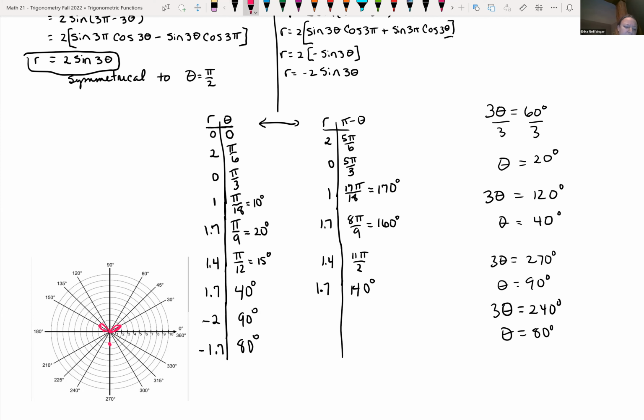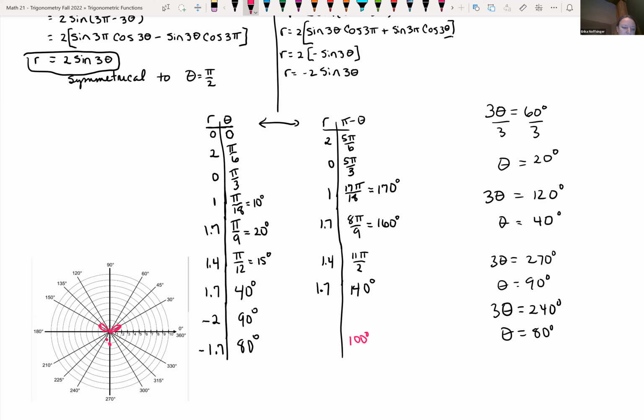So 80 degrees, I'd rotate 80 degrees, but then I'm going to go across to my pole. And so that would give me negative 1.7, which is here. 180 minus 80, that would be 100 degrees.